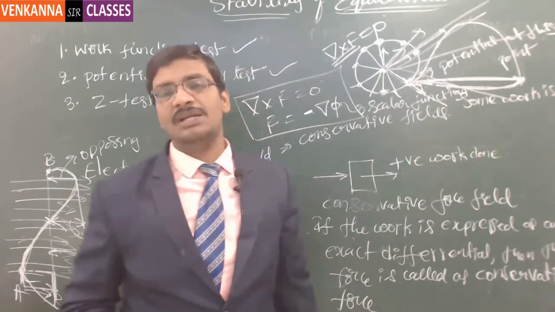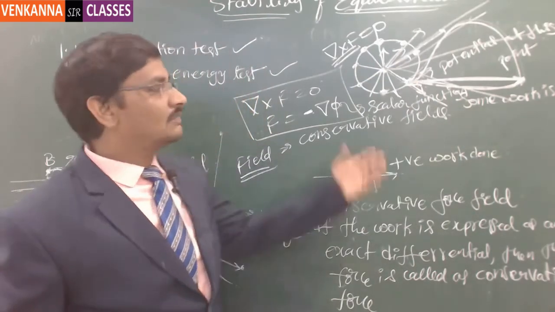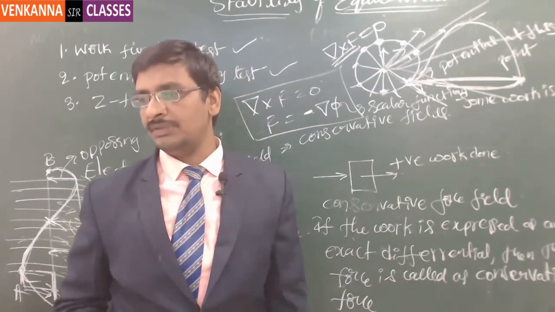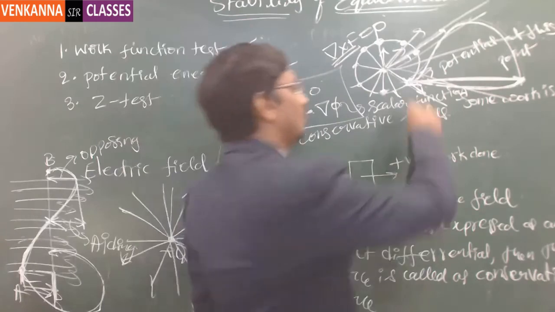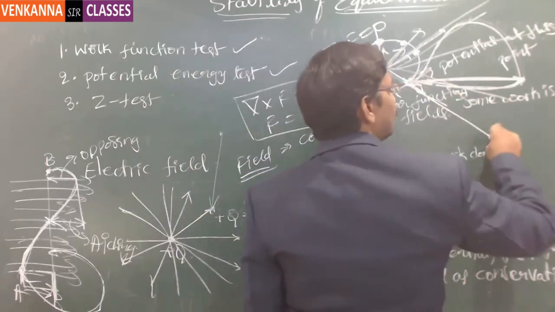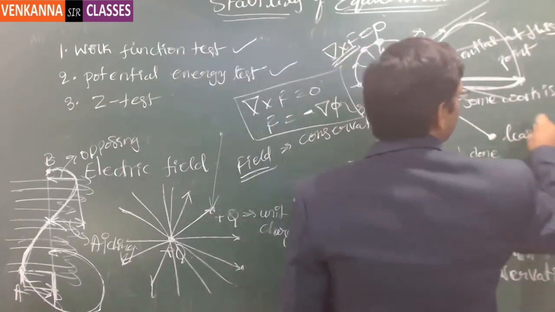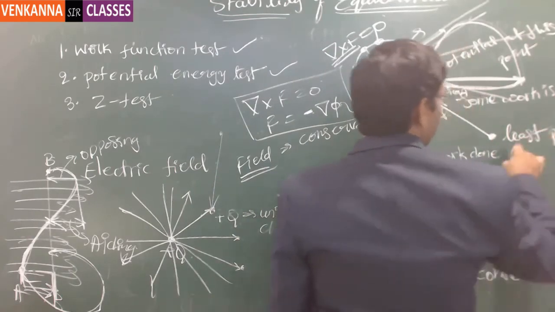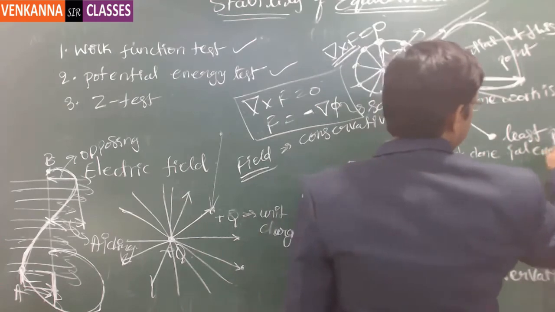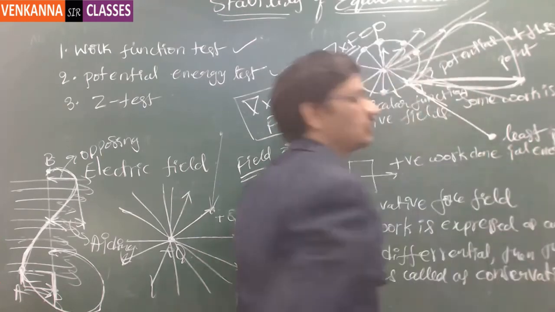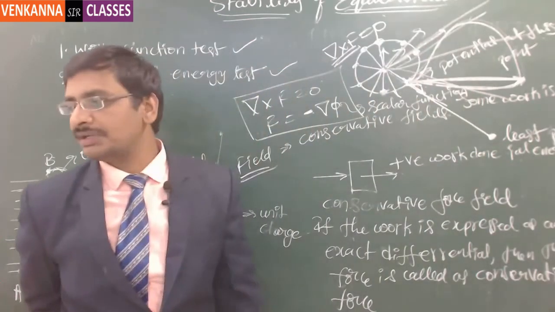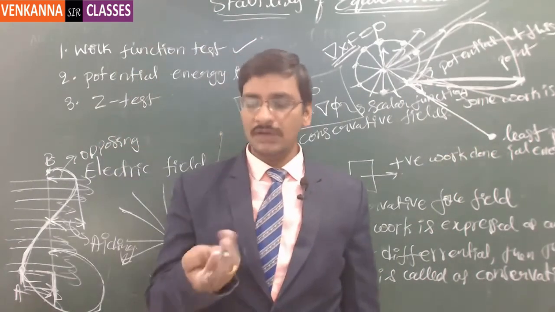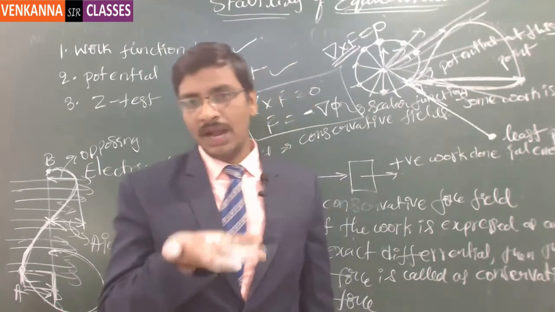Where it will stay is one important question. It will stay where there is the least potential energy. This is a very, very important understanding. So where there is the least potential energy, it will try to stay there. Suppose I take this chalk piece; now it is in my hand. Why?